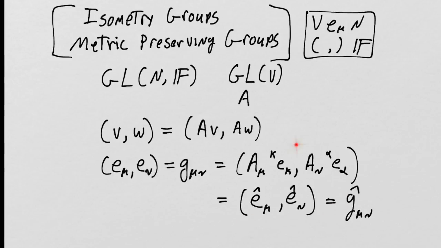This does not have to be true. For an arbitrary matrix A, it's never going to be true, or rarely going to be true. But in those instances where it is true, A is of interest. It's a member of the isometry group.